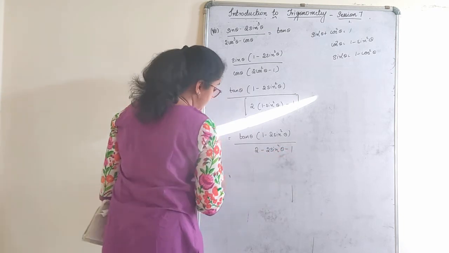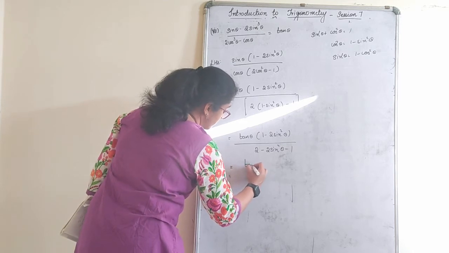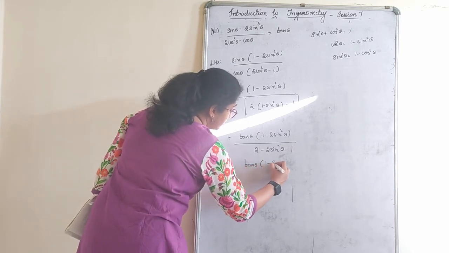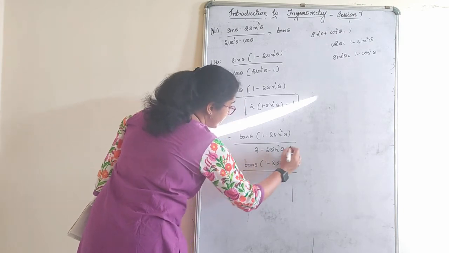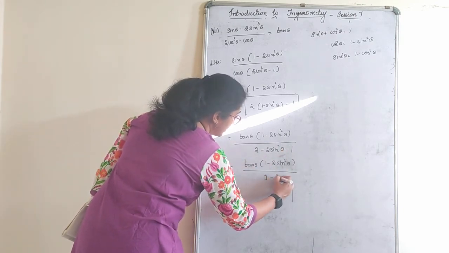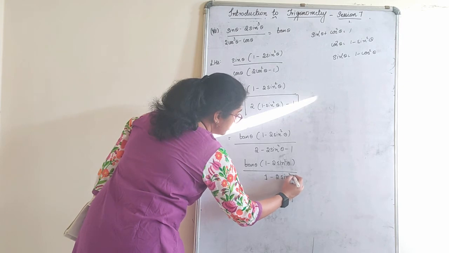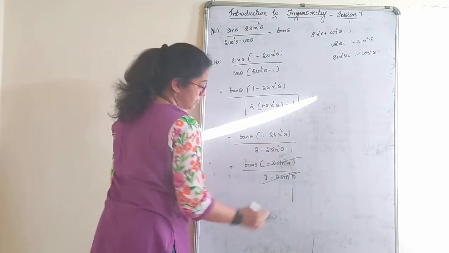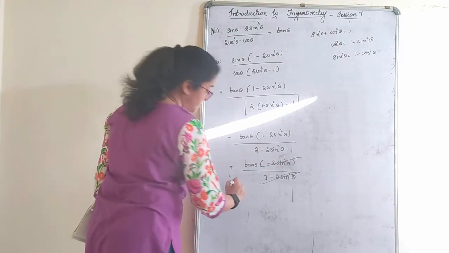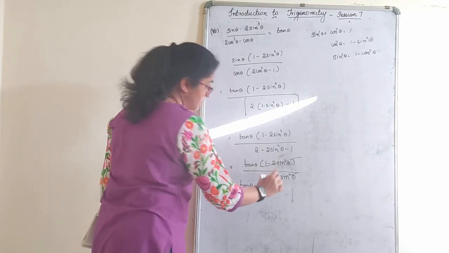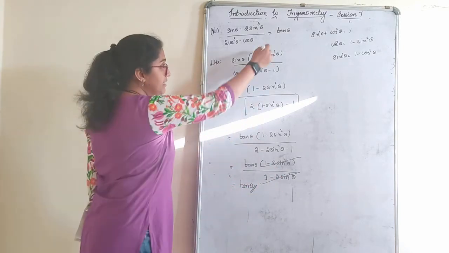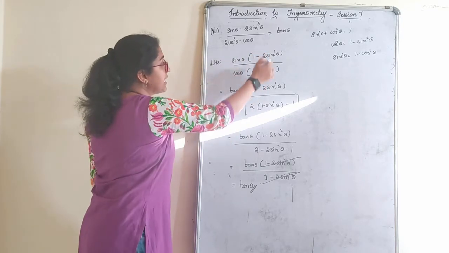What is 2 minus 1? Tan theta times 1 minus 2 sin square theta divided by 1 minus 2 sin square theta. What's the answer? Tan theta.